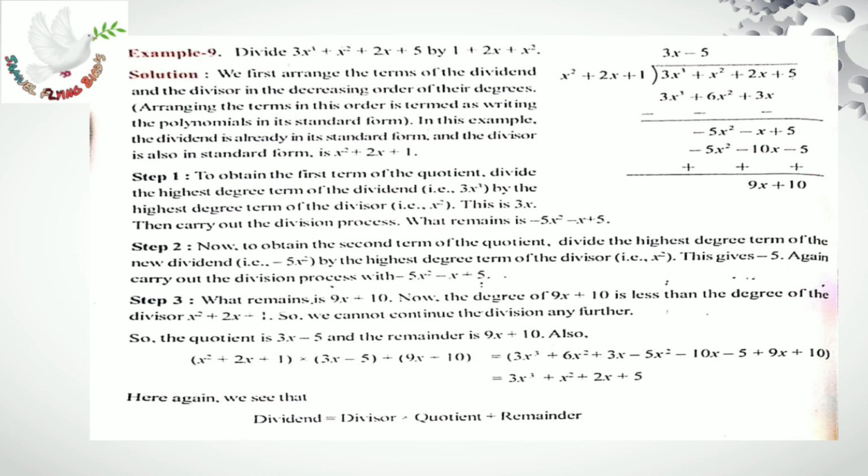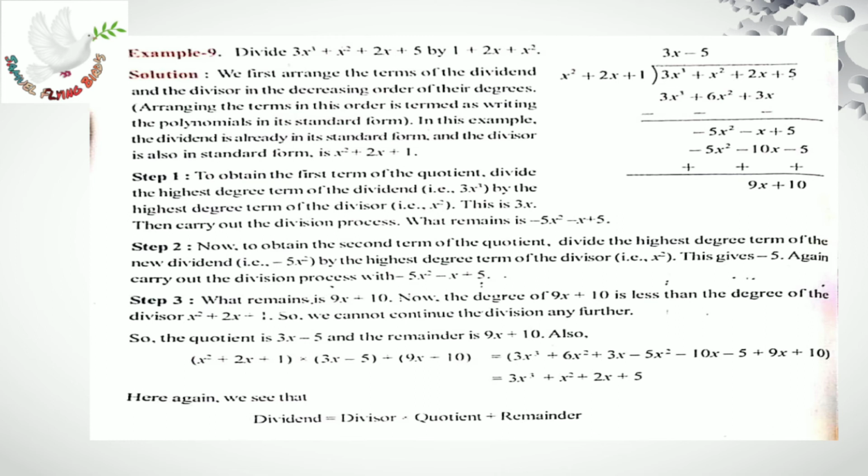Coming to the first step, to obtain the first term of the quotient, divide the highest degree term of the dividend, as we have considered 3x cube, by the highest degree term of the divisor, x square. This is 3x. Then carry out the division process, where what remains is minus 5x square minus x plus 5.